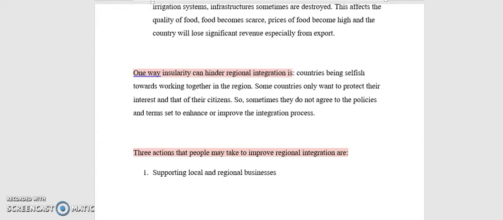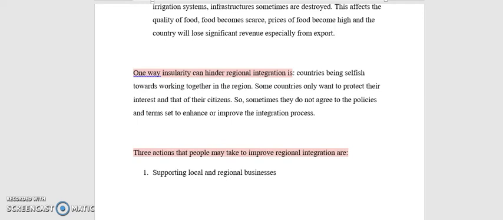However, if it's a country that practices insularity, what will happen is that instead of following the guidelines or the policies that are set to cooperate in the region, they, for example, will say, I do not want your product because, or they will visit your country and say, let me see how you prepare your product before I buy it, or let me see how the infrastructure looks where you produce your product.